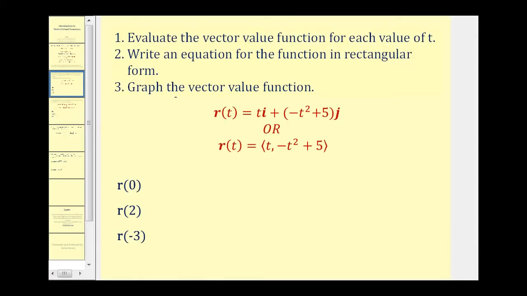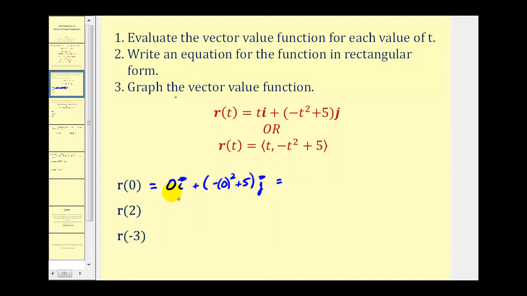Here we want to evaluate the vector-valued function for each value of t. Then we want to write an equation for the function in rectangular form and then graph the vector-valued function. So for r of 0, we replace t with 0. So we'd have 0 times the i vector plus negative 0 squared plus 5 times the j vector.